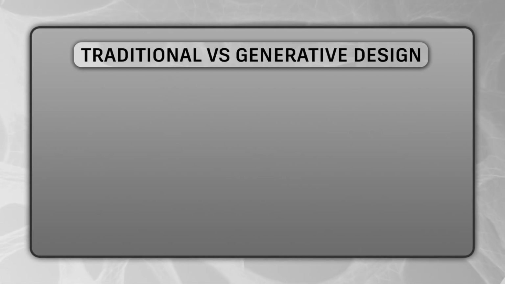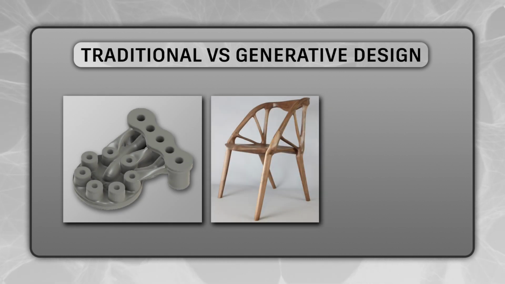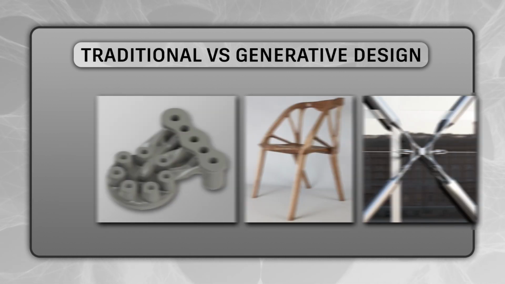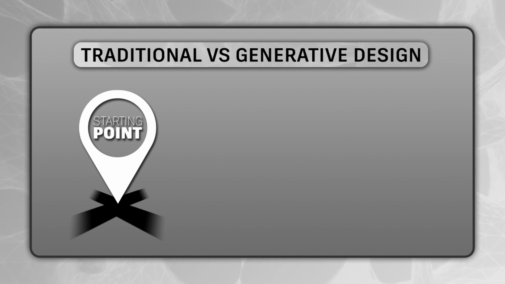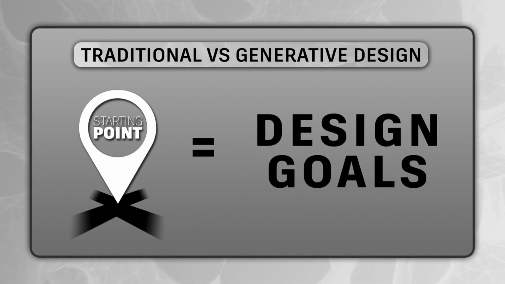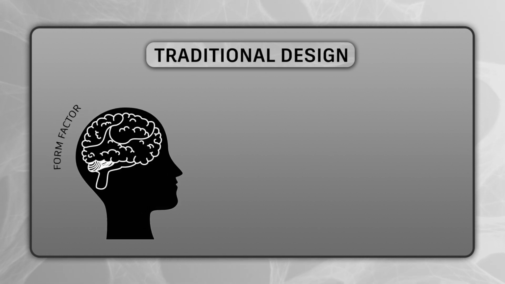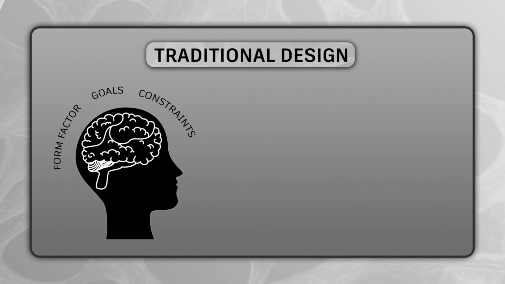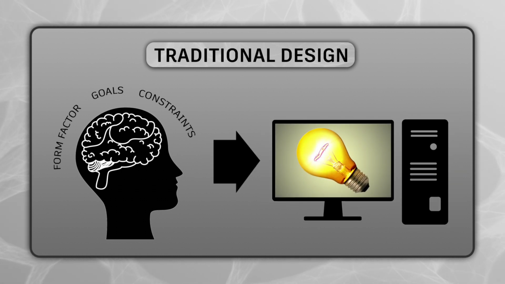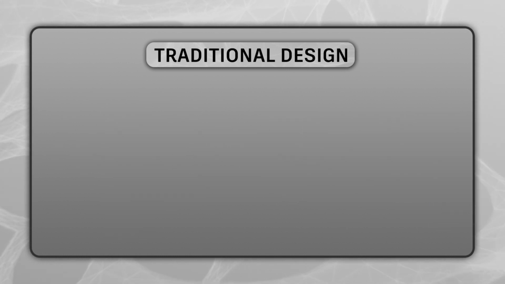Now let's compare the generative design workflow to what you already know. It doesn't matter whether you're designing a bracket, a chair, or even a part for a vehicle or building. They all have the same starting point: a set of design goals. So traditionally, you would start thinking about the form factor, the goals, and the constraints in order to start creating your design within your application.